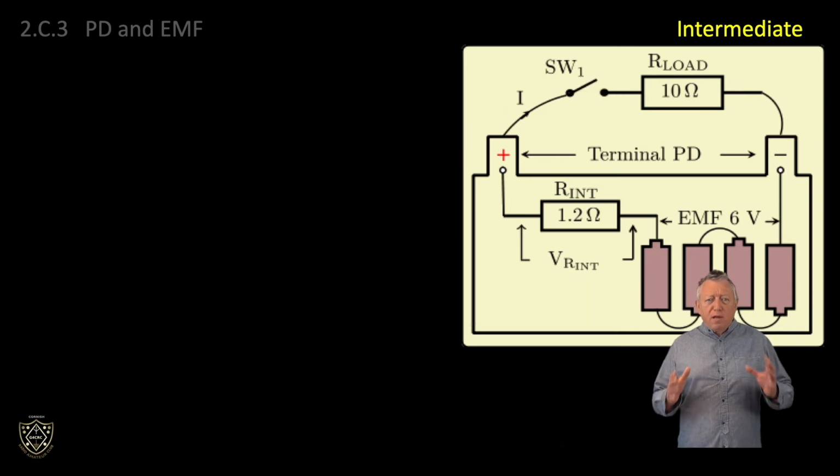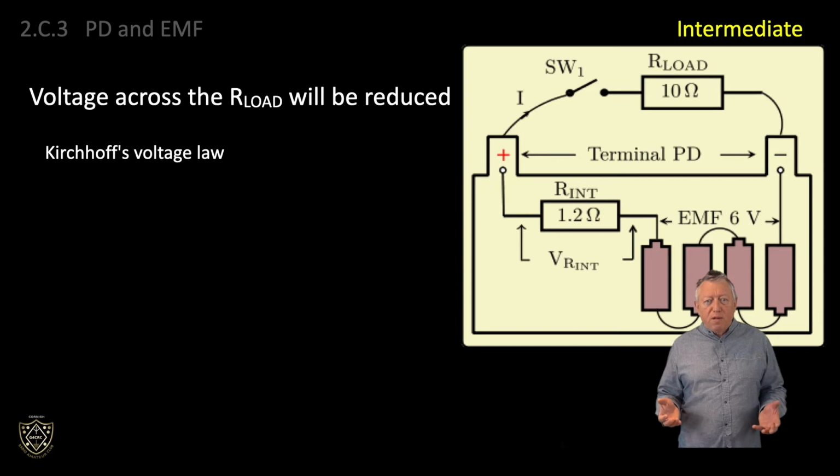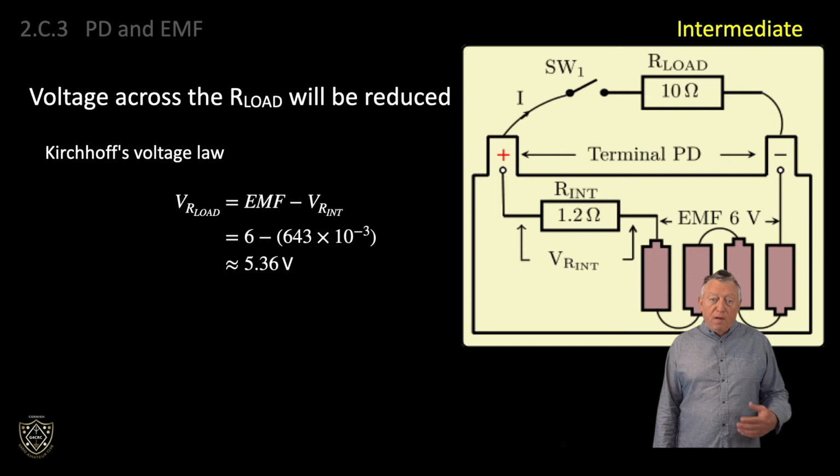So when the switch is closed and current flows, the voltage across the load, R load, will be correspondingly reduced. We can work this out in 2 ways. Either using Kirchhoff's voltage law, VR load equals EMF minus Vrint, which equals 6 minus 643 times 10 to the minus 3, or approximately equal to 5.36 volts.